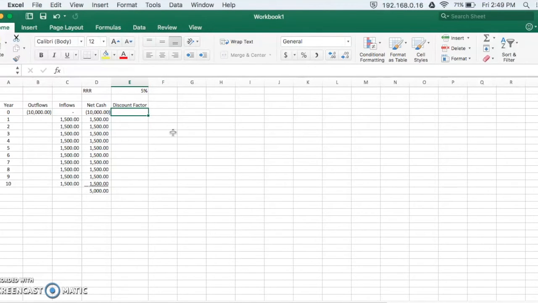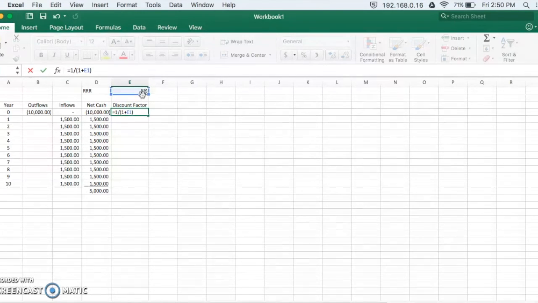Okay, and the factor is calculated as 1 divided by 1 plus your required rate of return, to the power of what year? What year this cash flow is occurring?